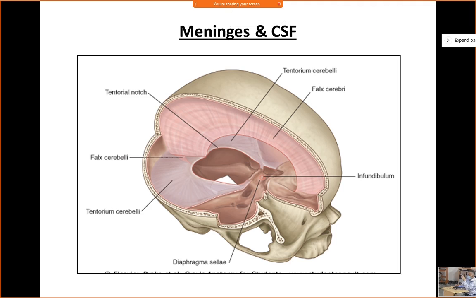There is a faded structure at the midline, just at the bottom line of your falx cerebri. You can see another sickle shape, where the apex is pointing anteriorly. That is our falx cerebelli, because the cerebellum is here. So falx cerebelli goes from the posterior to the anterior aspect, between the two cerebellar hemispheres.